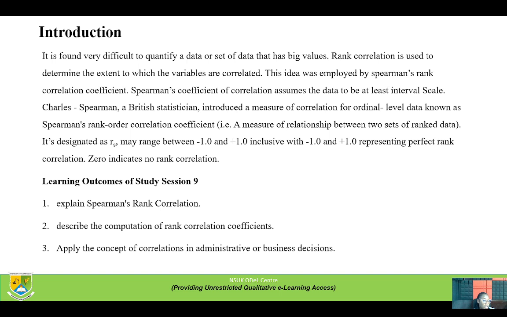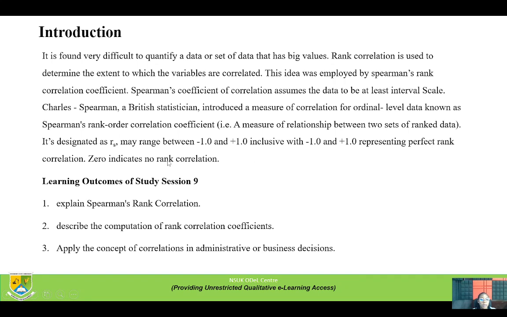If you remember in our previous sessions, we said some data sets tend to have extreme values that pose as outliers that affect the accuracy or computation of those values using the Pearson's correlation coefficient.